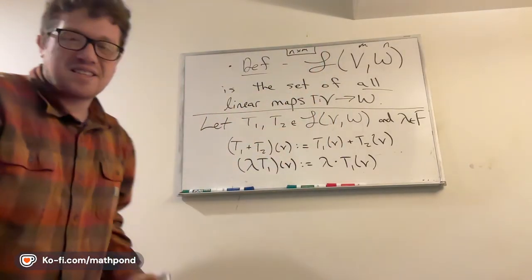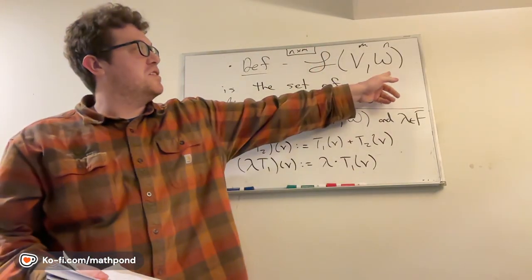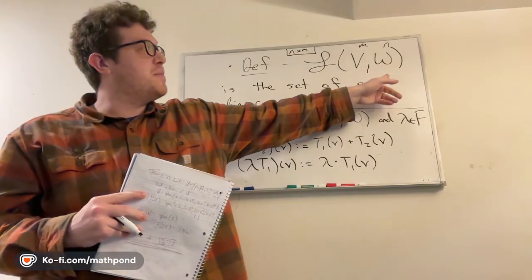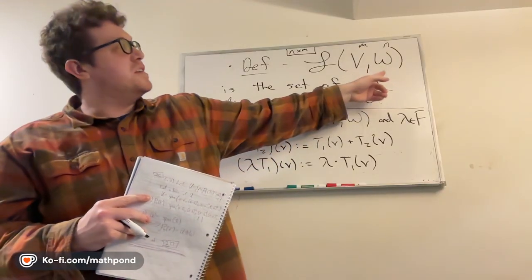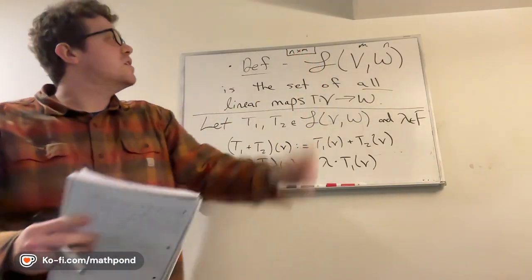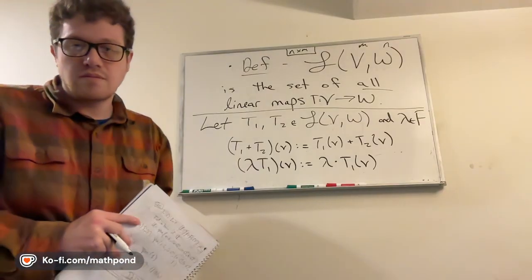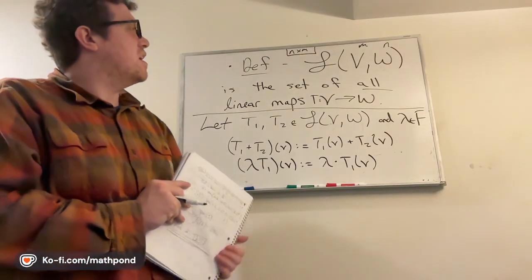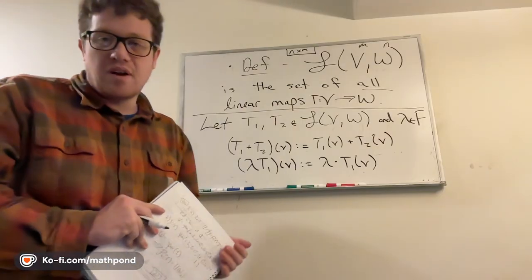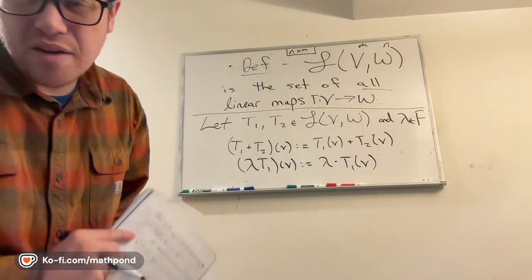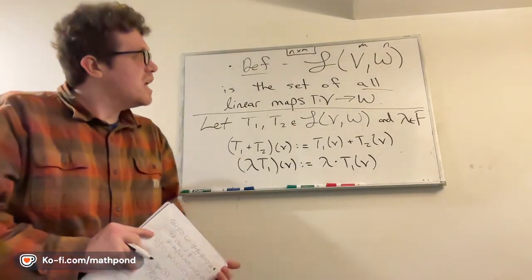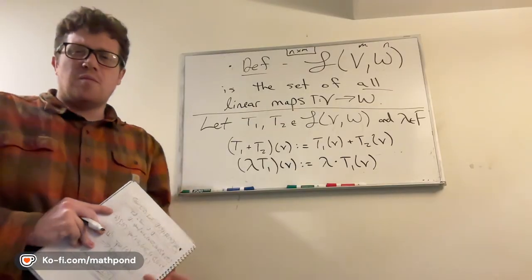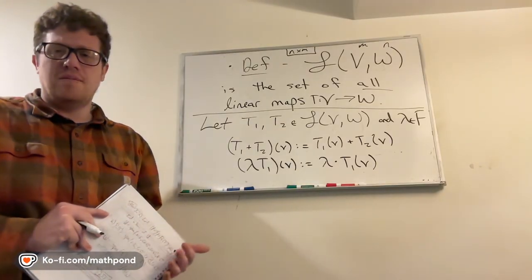And so all of that is to say that the dimension of this linear space, the maps between V and W, is n times m. Yeah, it's the product of the dimensions. We'll go into a little bit more why this is the case later.